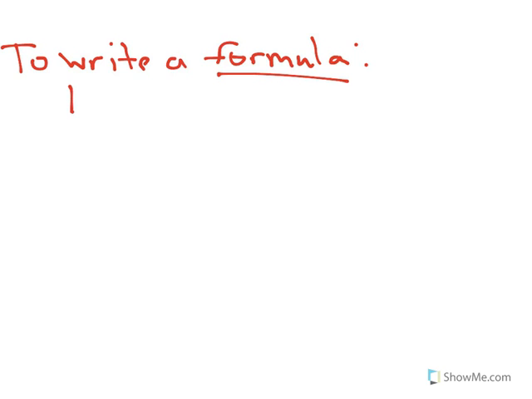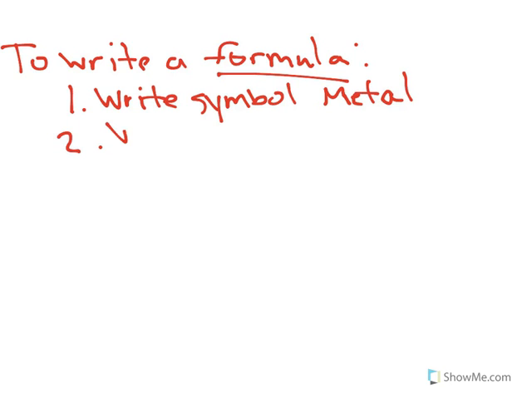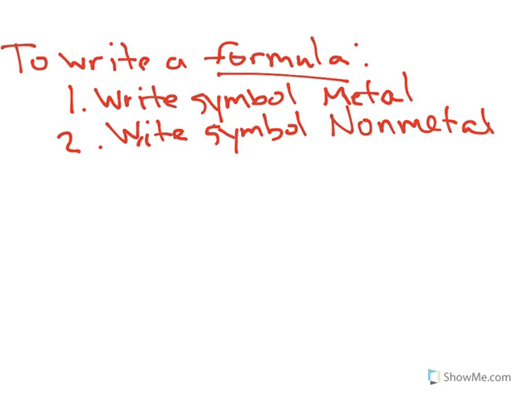So you're going to write the symbol for the metal. Then you're going to write the symbol for the nonmetal. And then you're going to do a crisscross of the charges. Similar to what we did in the last unit with ionics, but let me show you what I mean.